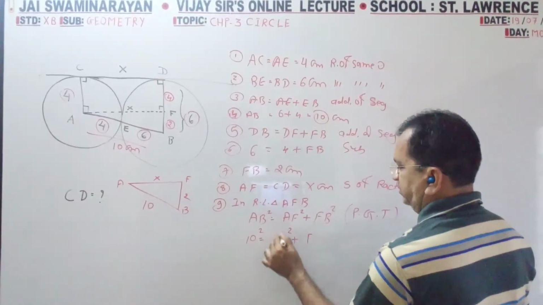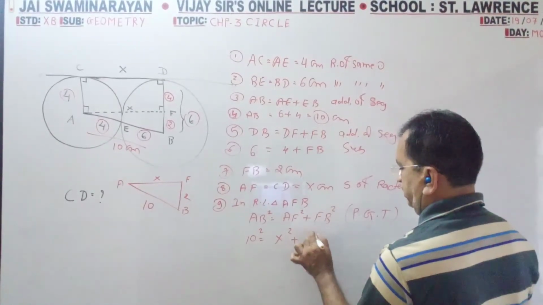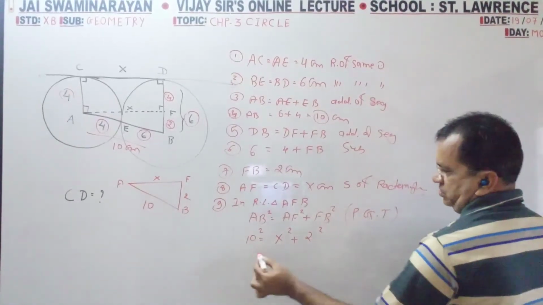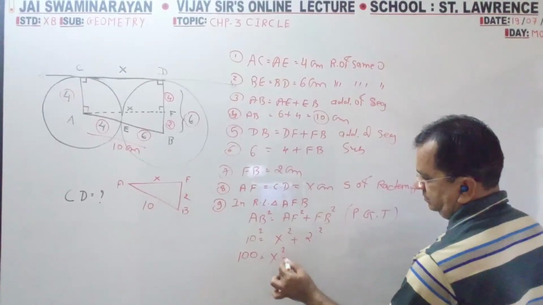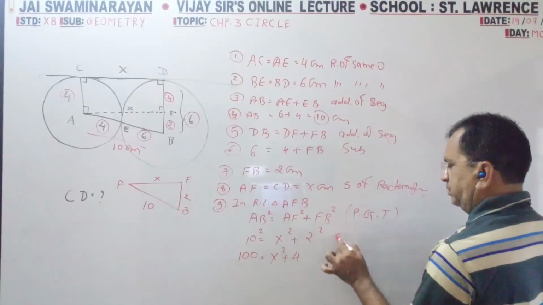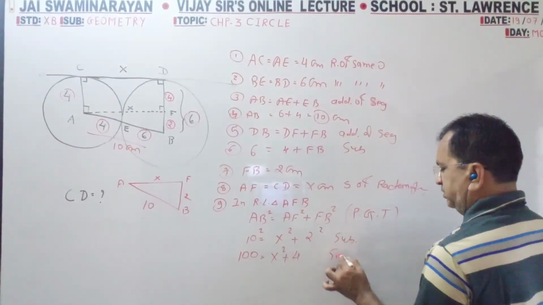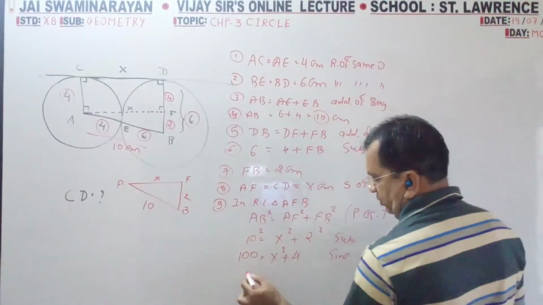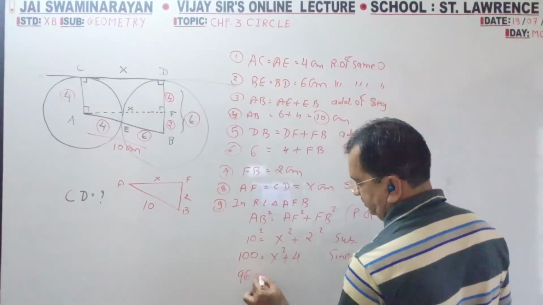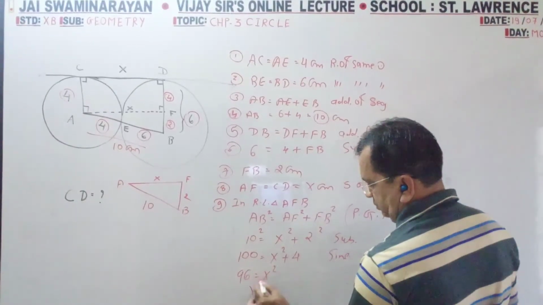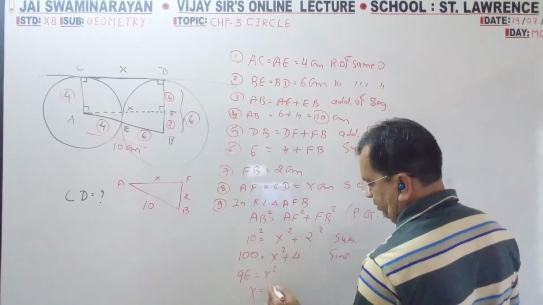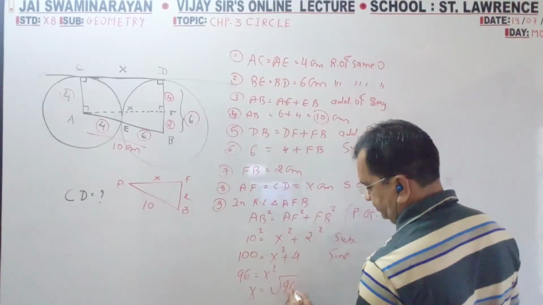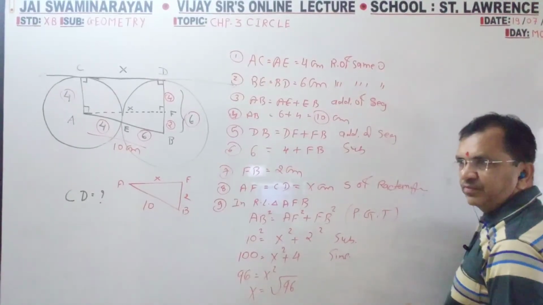AF means X square, BF means 2 square. Okay, so this is 100, 4. Substitution. Simplify. 4 less, so 96. So X square is 96, X is equal to under root 96.